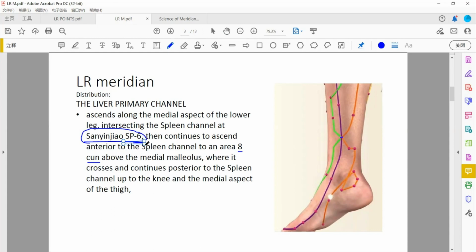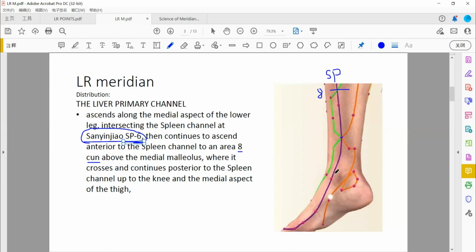Then it continues to ascend anterior to the spleen channel to an area 8 寸. From here to here, it is in front of the spleen channel. Around here is about 8 寸 above the malleolus.